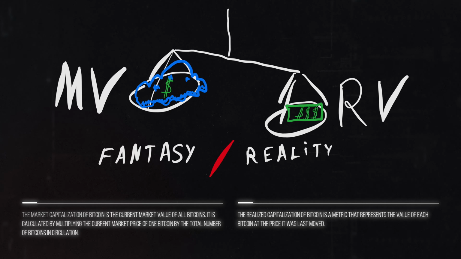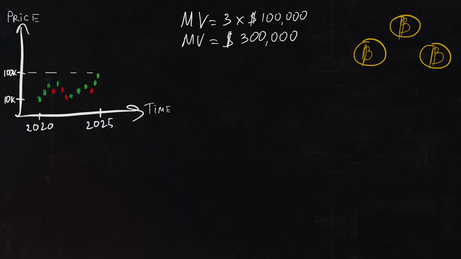And these 3 Bitcoins are owned by only 3 people: you, your friend Peter, and your acquaintance Maria. You as an insightful investor, of course, purchased your Bitcoin at a price of $10,000 and have been hodling it in your cold wallet ever since. Maria and Peter bought their 2 Bitcoins at a price of $70,000 and have also kept their Bitcoins without movement since then.